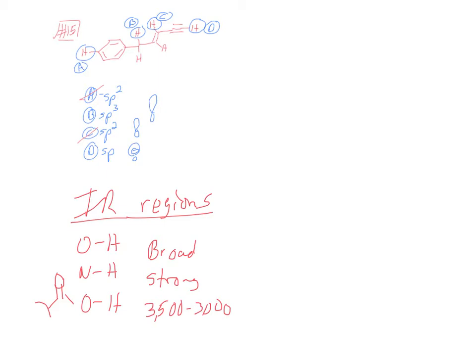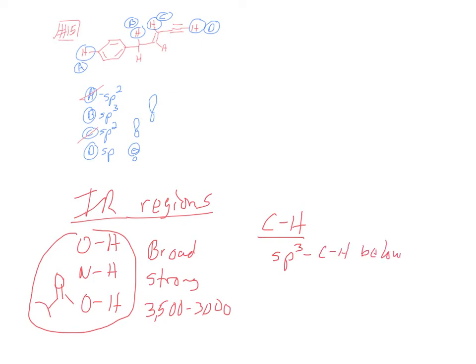Another region is the CH region. The CH region is split up between sp, sp2, and sp3. The most important thing to remember there is sp3 CHs are below 3,000 always.